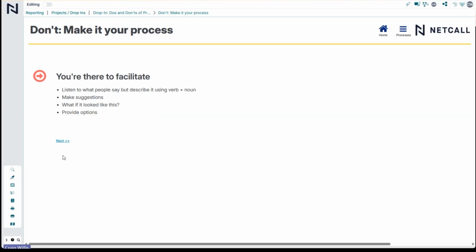So again, going back to the first point about don't stare at a blank page, if you haven't quite understood what they're describing, put some things up there, give them different options, and ask them to choose which one is closest to what they're describing, and so on. Again, it's easier to put something up there and have people criticize it and take it off afterwards. Or present something and say, what if it looked like this?